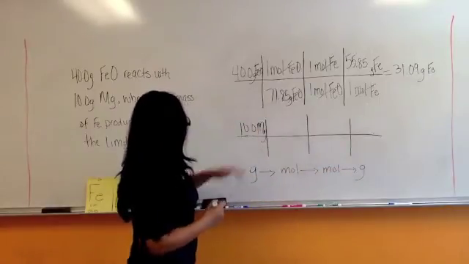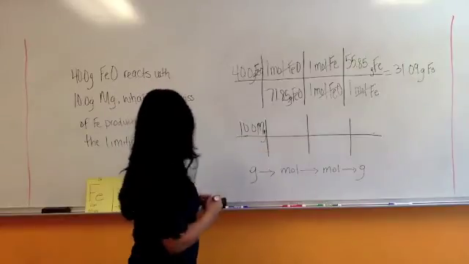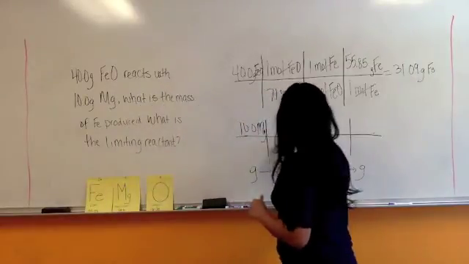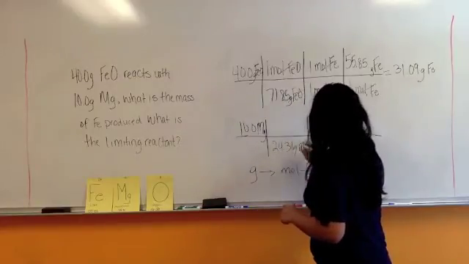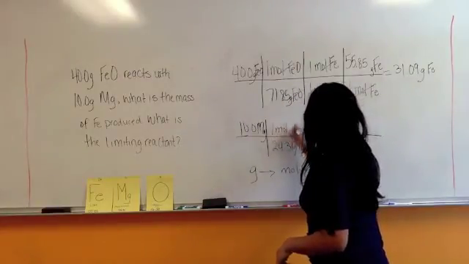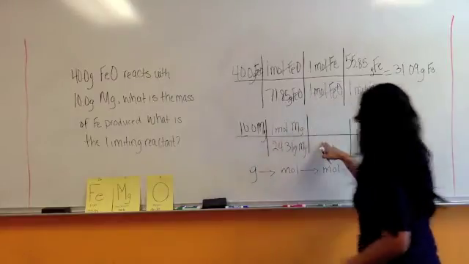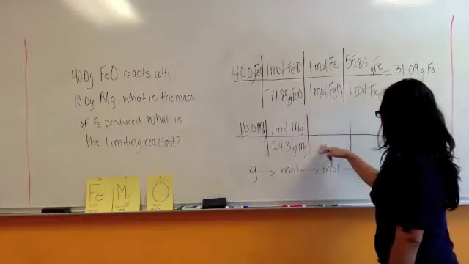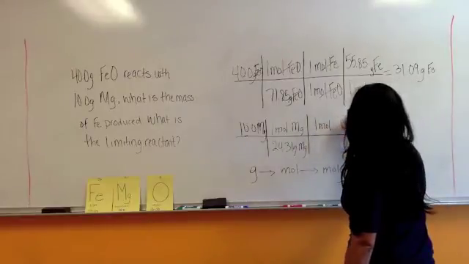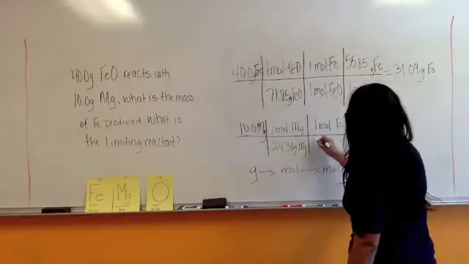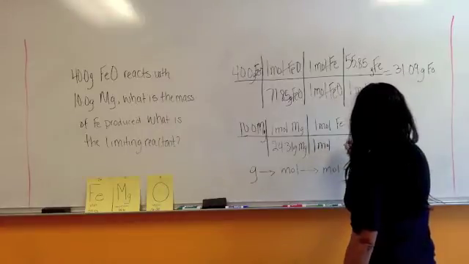So we'll start with our mass of magnesium, which I have here is 24.31 grams of magnesium. That will be 1 mole of magnesium. The second part, remember, is the molar ratio. We'll have 1 mole of iron over 1 mole of magnesium.